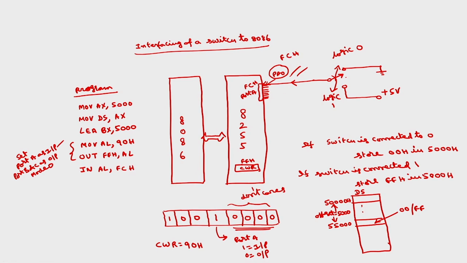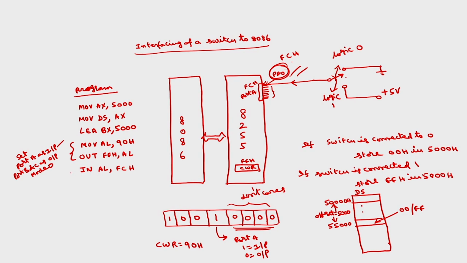Here, whatever the 8-bit data is, the remaining 7 bits are don't cares, we are not using anything. Only the PA0 bit has the original information of this switch, whether it is logic 0 or logic 1, depending upon whether the switch is connected to this position or this position. In order to check the last bit without affecting the other bits, which can be either 0 or 1, we do not know.